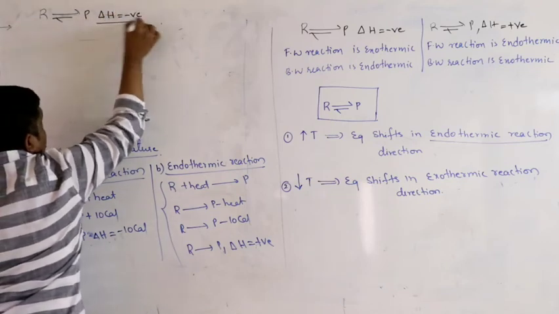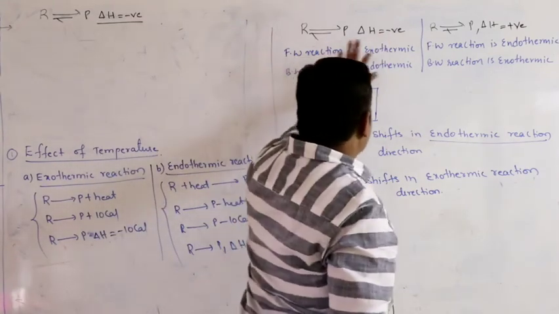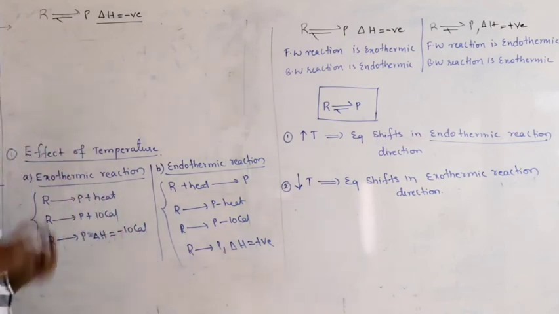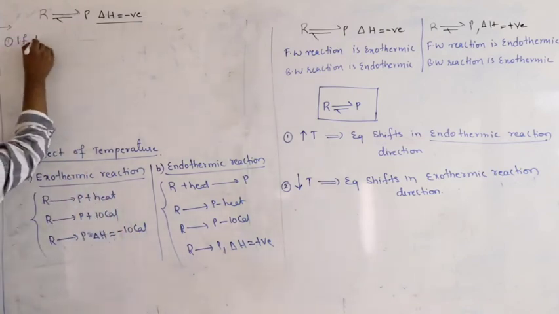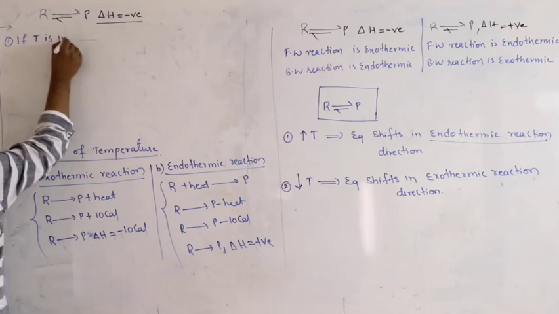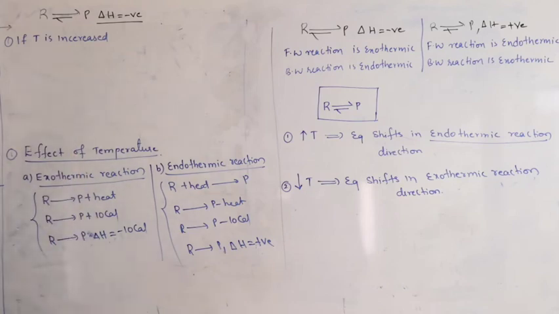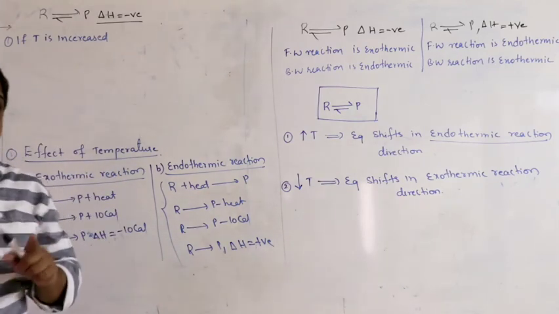By seeing this, first you have to know that if delta H is negative, forward reaction is exothermic, backward reaction is endothermic. I am applying both the cases. Case 1, if I increase the temperature. Increase in temperature favors which reaction?